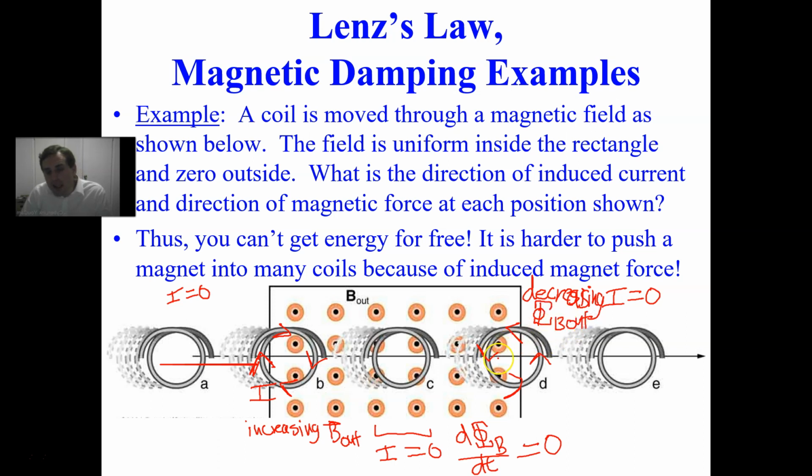If we're decreasing the magnetic flux that's out of the page, the loop says, hey, I don't like anything to change. I want to reinforce that magnetic flux that goes out of the page. So now our thumb points out of the page, and then the current should cycle through counterclockwise.